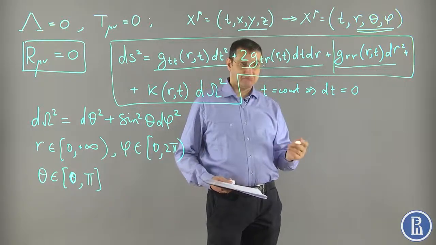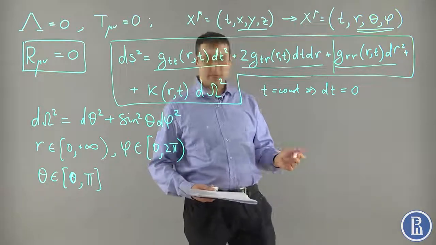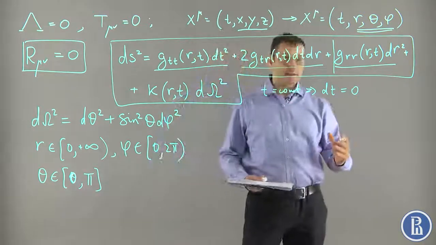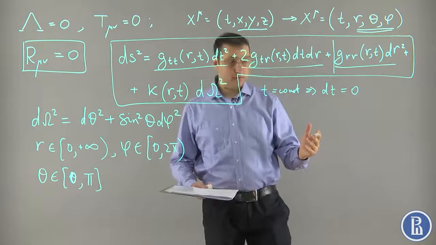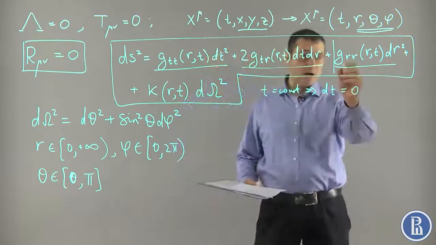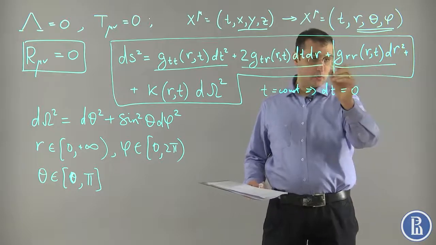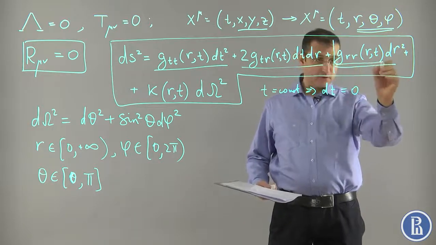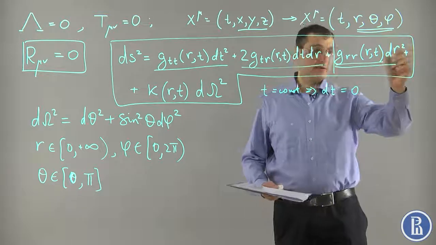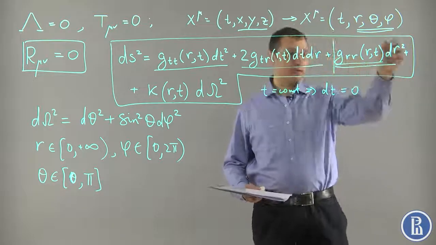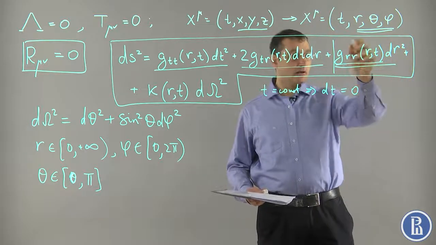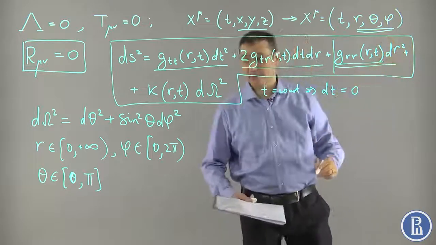And this spatial part of the metric for t constant is sliced like an onion by spheres whose radii are fixed by this quantity. This part of the metric specifies the radii, because it specifies the proper distances in the r direction.